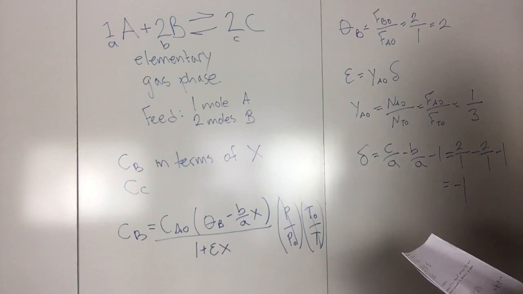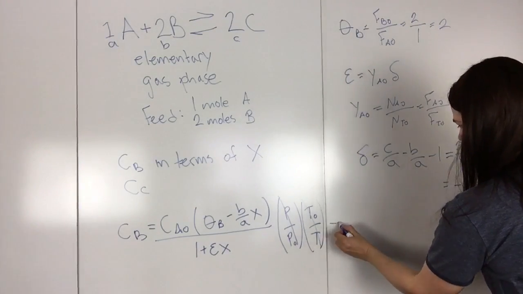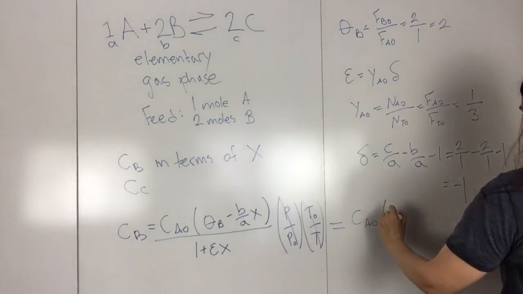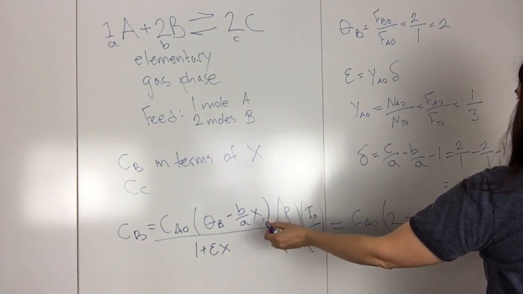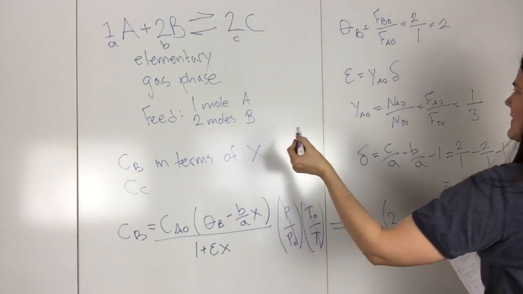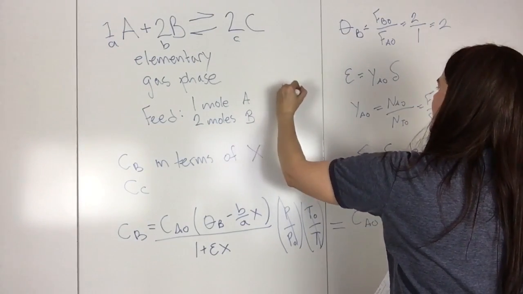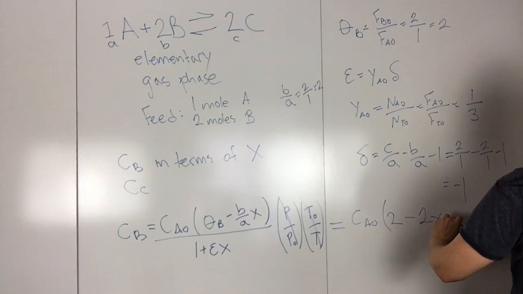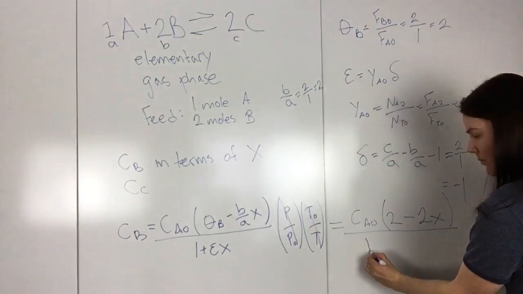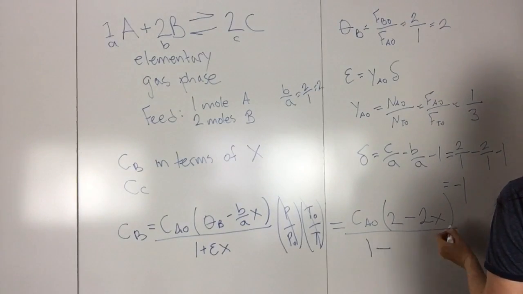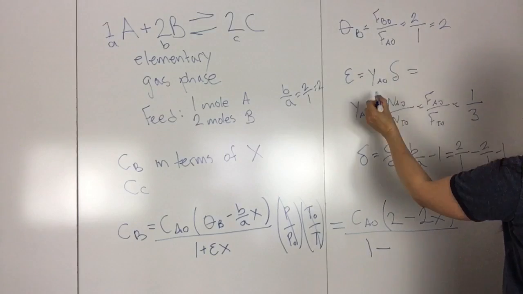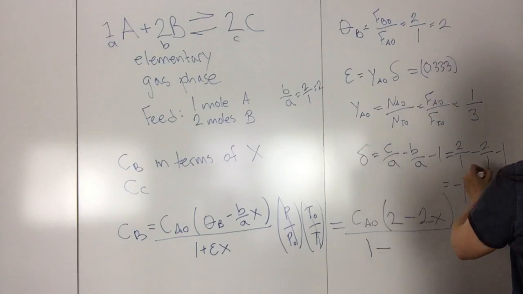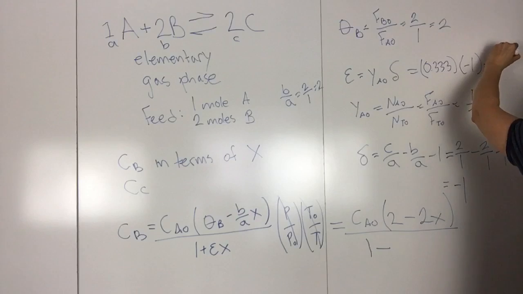So then we just go ahead and plug these things in. Going back to this one, C A naught minus theta B, which is 2, minus B over A. So B over A equals B is 2, A is 1, so that's equal to 2x divided by 1, minus this epsilon, where YA naught is 1/3 multiplied by -1, so this equals -1/3.